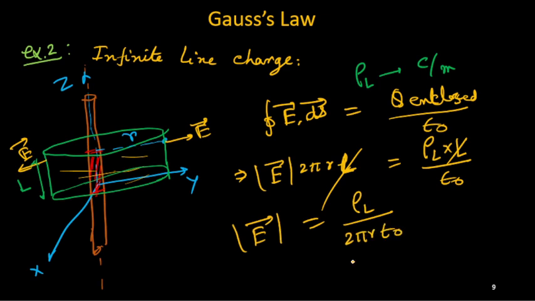So you can see that this electric field is reducing with respect to 1 upon r. At r equals 0, it is infinite, so it is going towards infinity. Very close to this line, the electric field is very large, and if you move far away from this line, the field strength is decreasing, proportional to 1 upon r. It's okay.